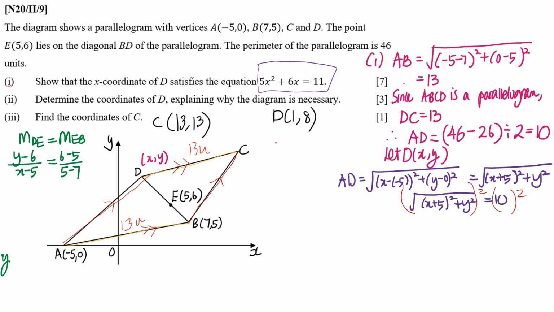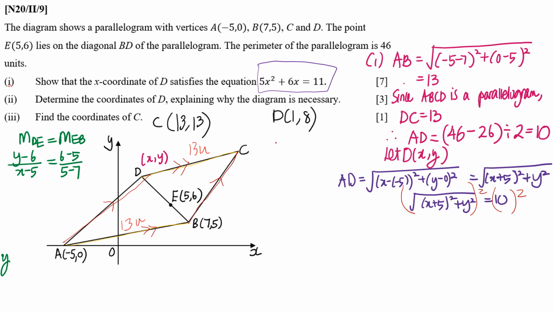The next thing is that I need to form another equation to solve simultaneously with AD, because I have two unknowns here. I need to find x and also the unknown y. So basically I need to have two equations.